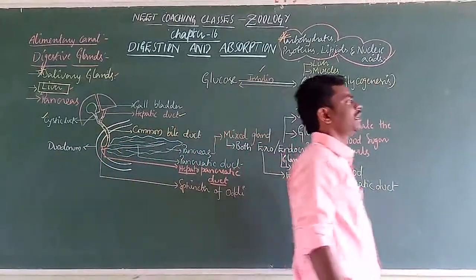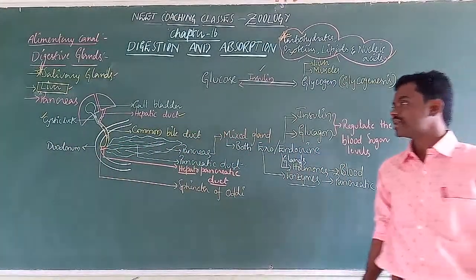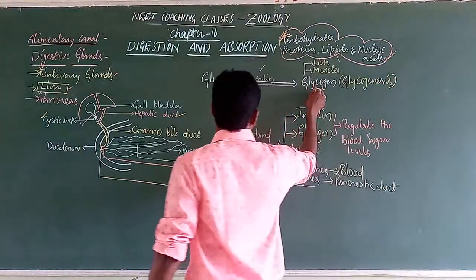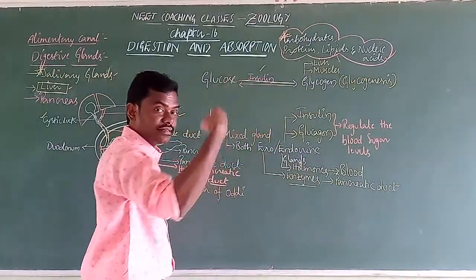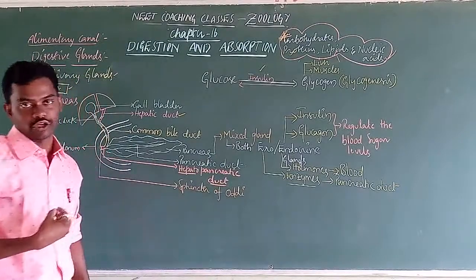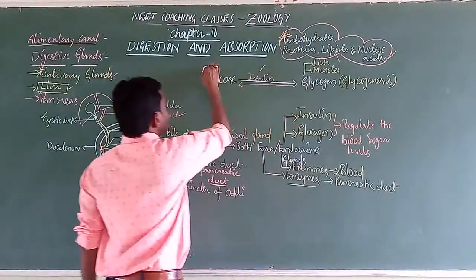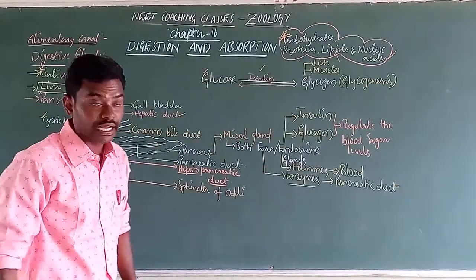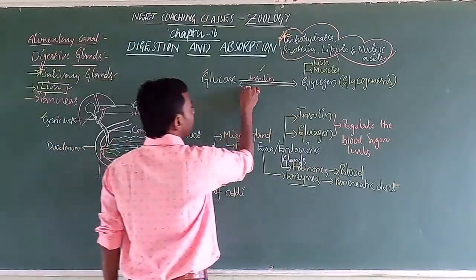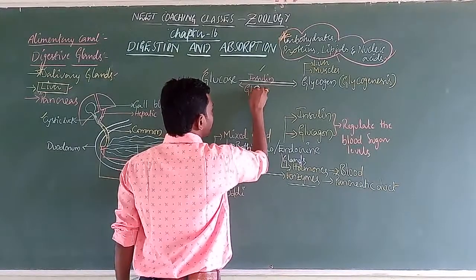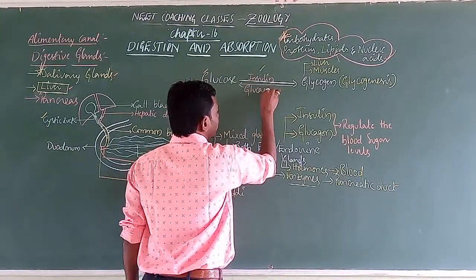Whenever the glucose levels decrease in your blood, you need an extra amount of glucose molecules. Then the glycogen will be broken down into glucose with the help of a hormone called glucagon.